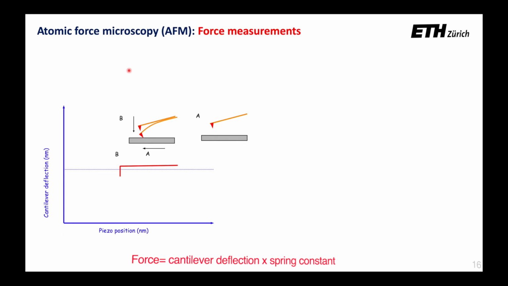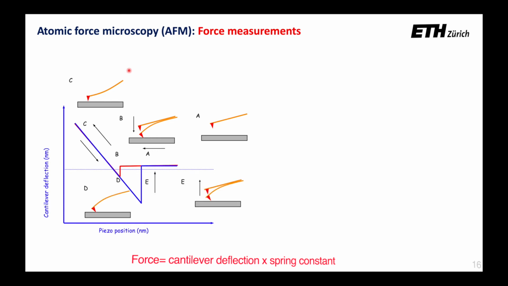And after this, if you still move the Z piezo, you actually press, or if the sample is soft, you indent into the sample surface, and at some point you start to retract. So you come back from the surface. During this retraction process, the tip strongly adheres to the sample surface.